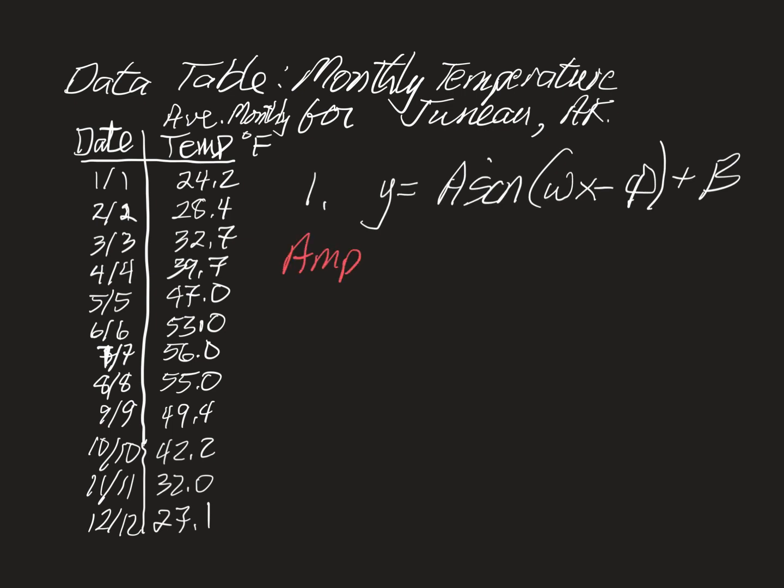And so in order to write an equation, we need to find first the amplitude. Okay, amplitude's an easy one to find, and we'd like to find it. So how would you do that for this? All you have is a data table. How would you find out where the peaks and valleys are?